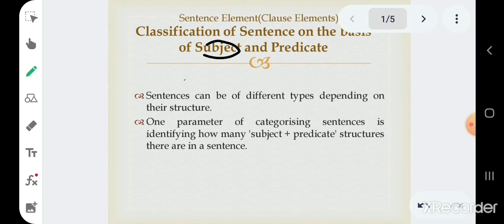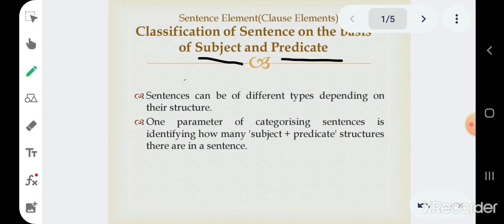Subject and predicate. Otherwise said, a sentence can be divided into 2 parts: the subject part and the predicate part.